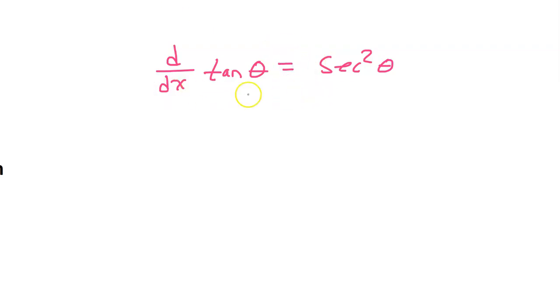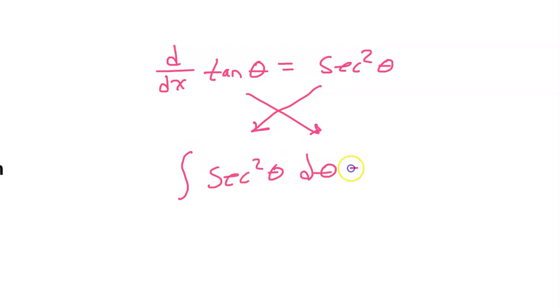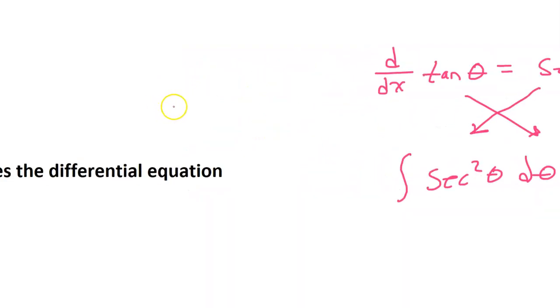So this is something that you should have memorized. So with this in mind, swapping these around, if we integrate secant squared, well, guess what? We're going to get tangent theta plus c, because integration is the inverse of differentiation.